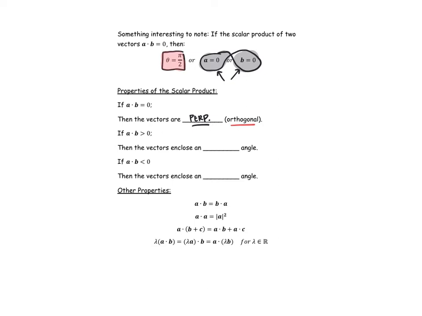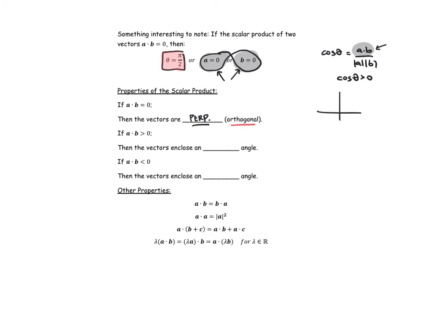If the dot product of two vectors is greater than 0, think about this now, that means, right, so if this value in the numerator is positive, right here, we already know that the magnitudes will be positive. So that makes the cosine of theta greater than 0, right?